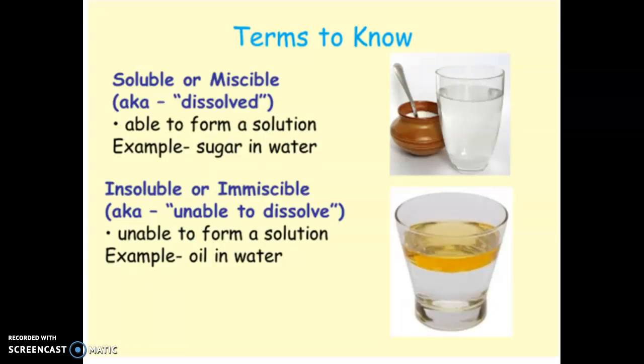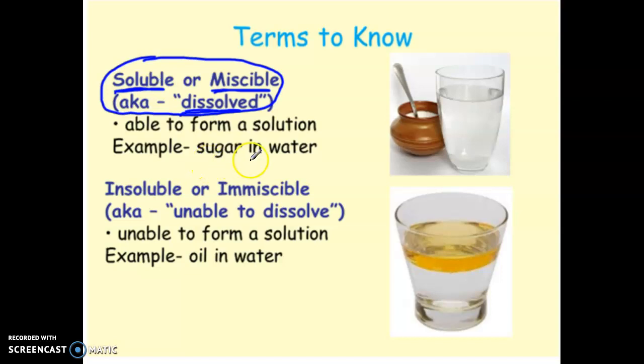Okay, so some terms to know that we will be using in this unit are the terms soluble or miscible or dissolved. These all mean exactly the same thing. So when we say that two things are soluble with one another, that basically means that the two things are able to dissolve.